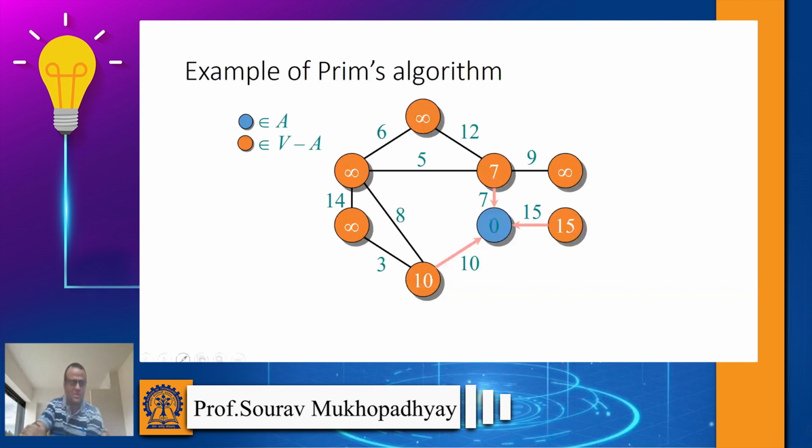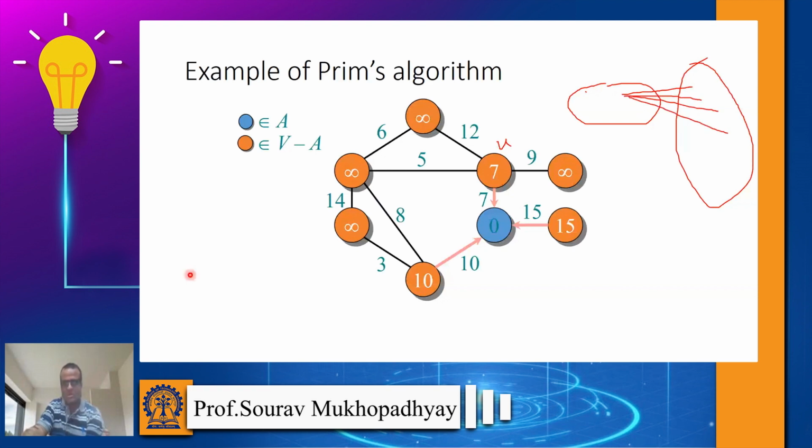So 7 is our new U. Then we consider all the vertices connecting to this U. These are the adjacency list of U: this vertex, this vertex, this vertex, even this vertex, but you can ignore that, since it is already in A, though you can check it to cross verify.